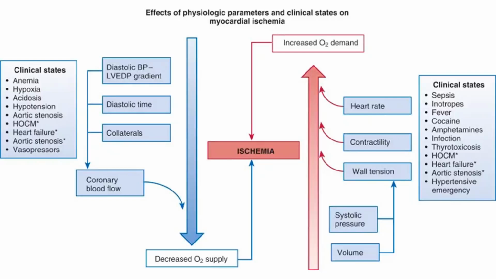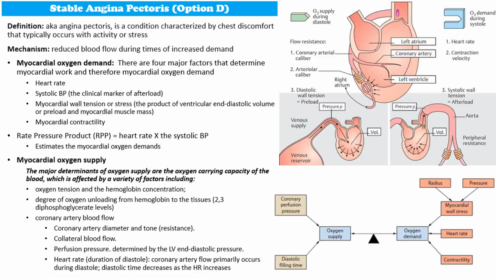Ventricular wall tension, influenced by the pressure within the heart during contraction and the size of the heart chamber, further dictates the oxygen needs of the myocardium. Conversely, myocardial oxygen supply can be decreased by factors such as coronary artery disease, which narrows the arteries due to plaque buildup, and blood clots that can obstruct blood flow.